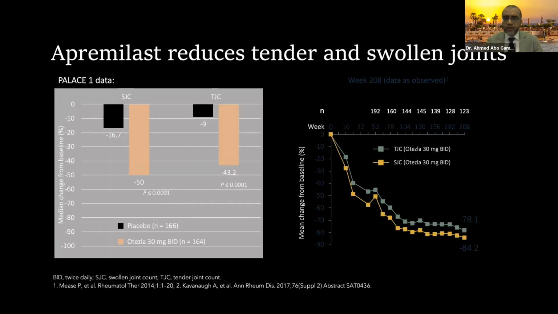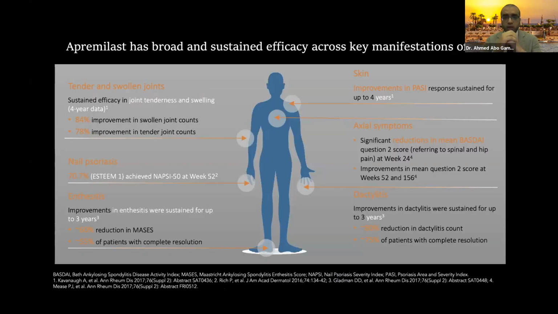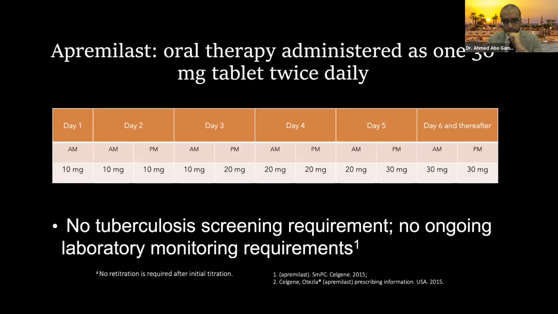Apremilast also showed a significant response regarding tender and swollen joint counts in comparison to placebo, and an extension trial showed this effect maintained up to almost 5 years of use. It also shows a significant effect on different domains of the disease: tender joint count, swollen joint count, even the axial, skin, and nail domains.